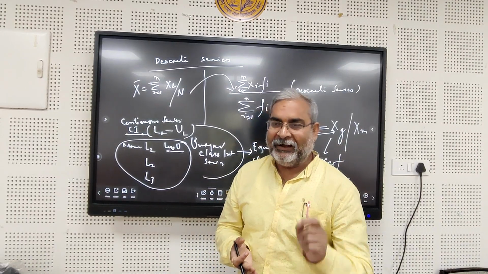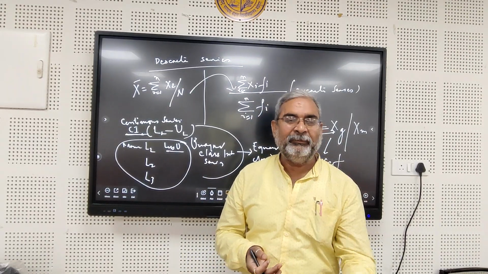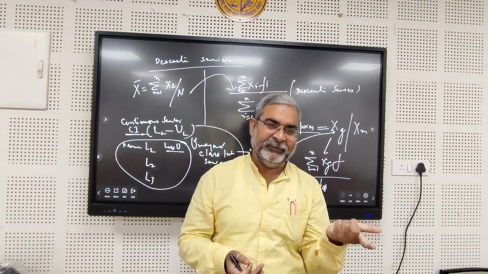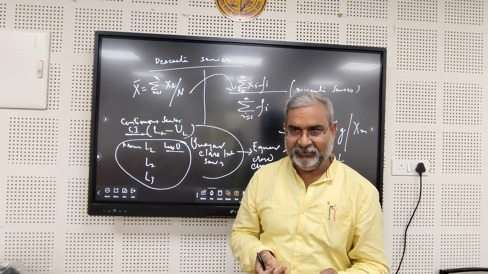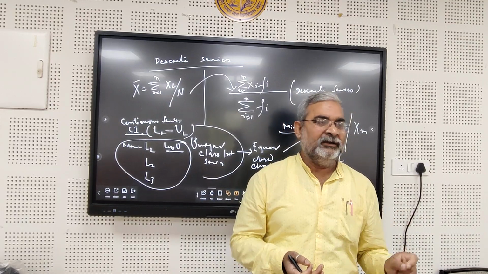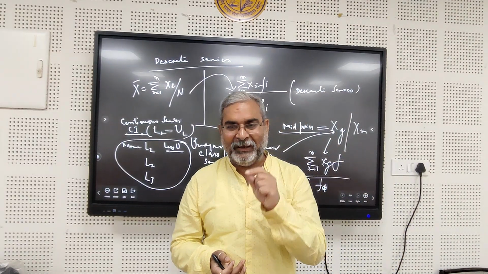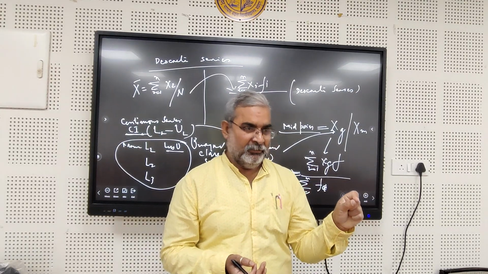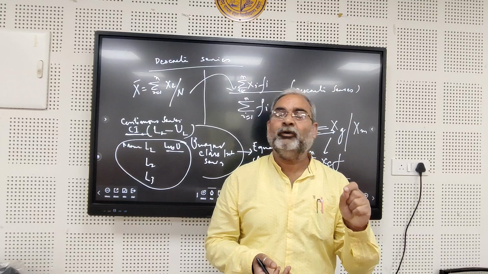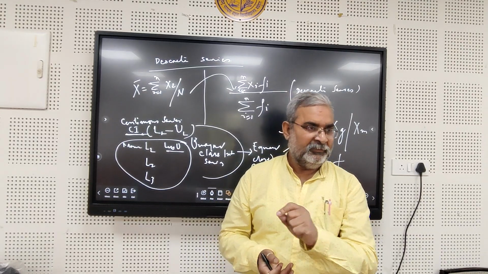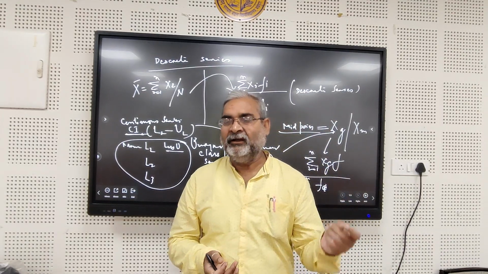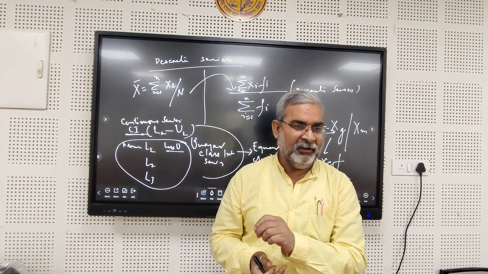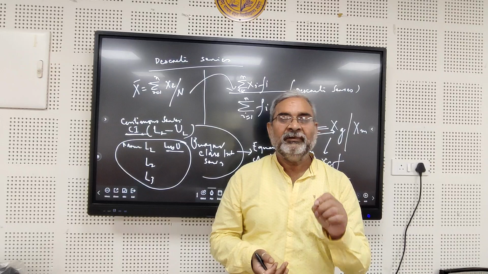Second point, each xm is multiplied by the respective frequency. Third point, each multiplication value of the frequency and variable is summed up. Fourth, the frequencies of each class interval are summed up.